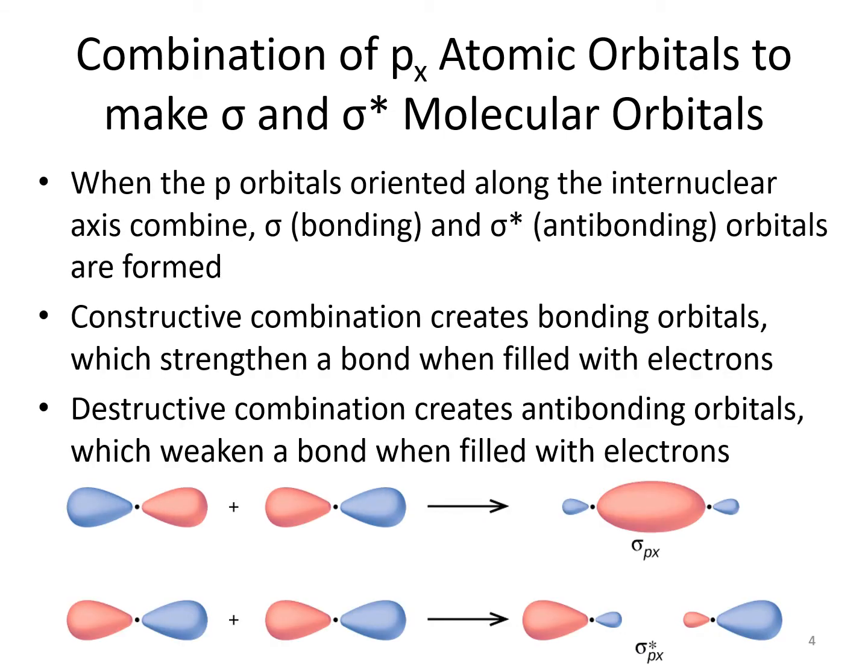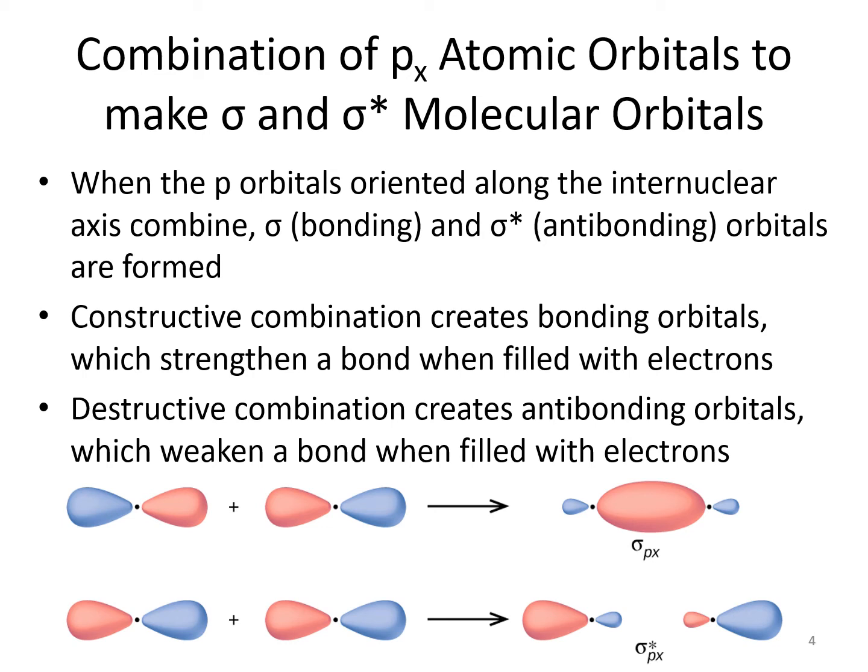P orbitals oriented along the internuclear axis can also combine constructively and destructively to make sigma and sigma star orbitals. If the internuclear axis is considered to be the x-axis, then this occurs with px orbitals. Again, constructive combination makes bonding orbitals, which strengthen a bond within the molecule when they are filled with electrons.